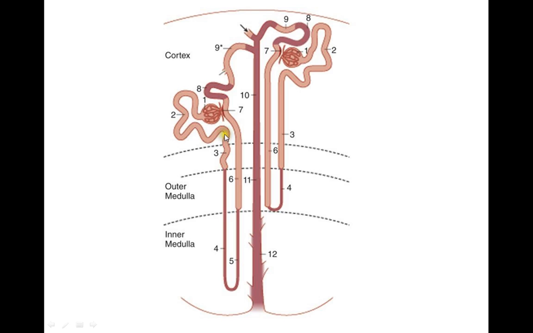After that, here we have a third part. It is called straight part of proximal tubule or pars recta. Pars means part or section. Recta means straight. So both number 2 and number 3 belong to the proximal tubule.